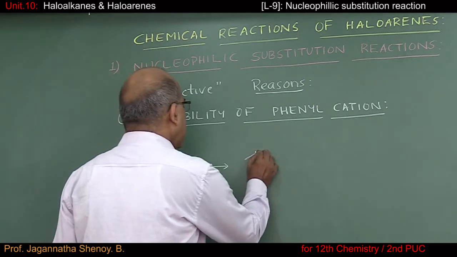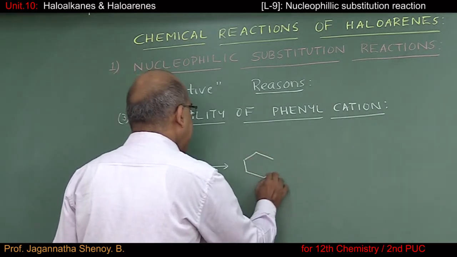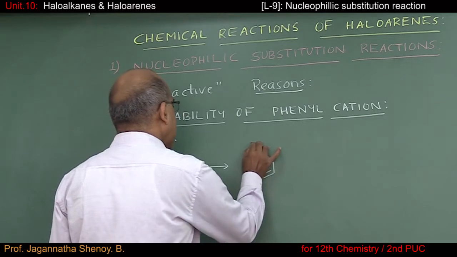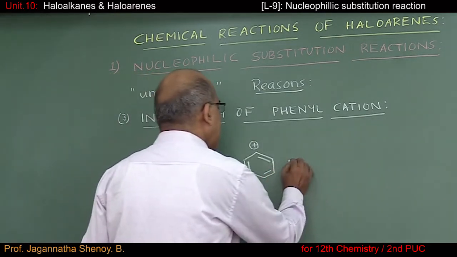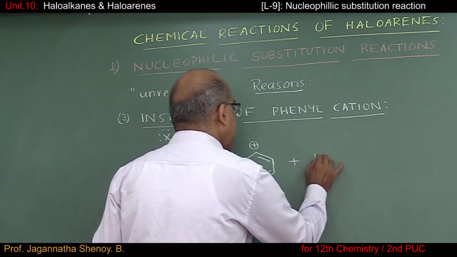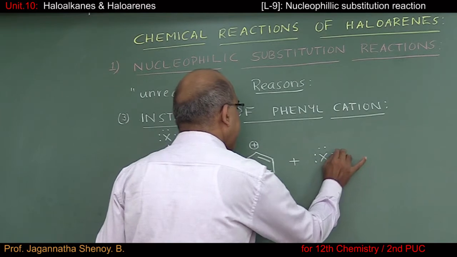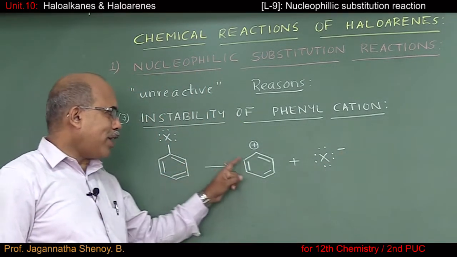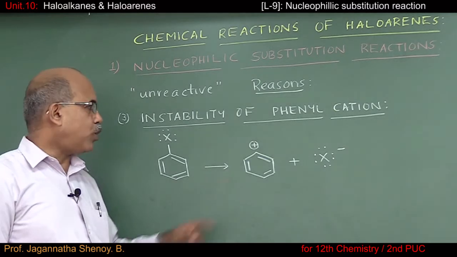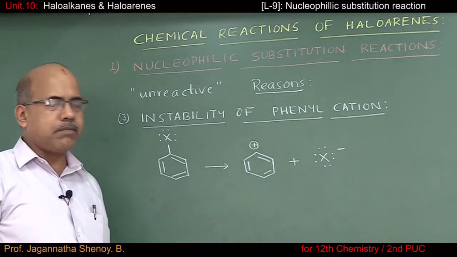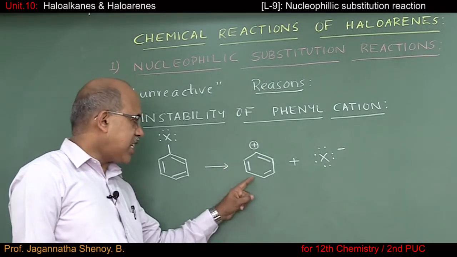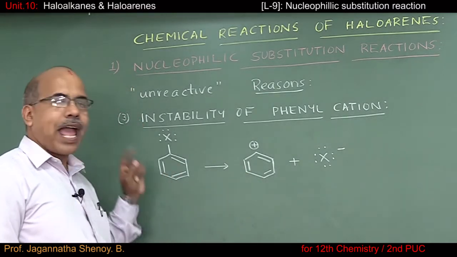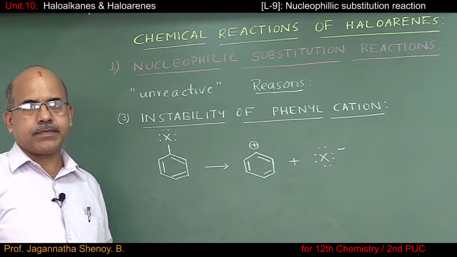So when it undergoes ionization, I expect a phenyl carbocation and X minus ion. Now, this ionization is favored to undergo SN1 mechanism only if this phenyl cation is more stable than haloarene itself.